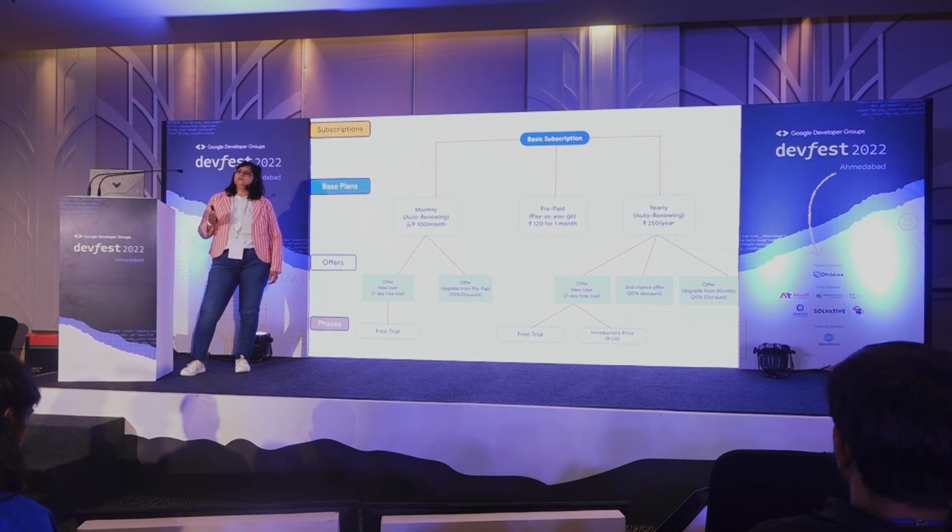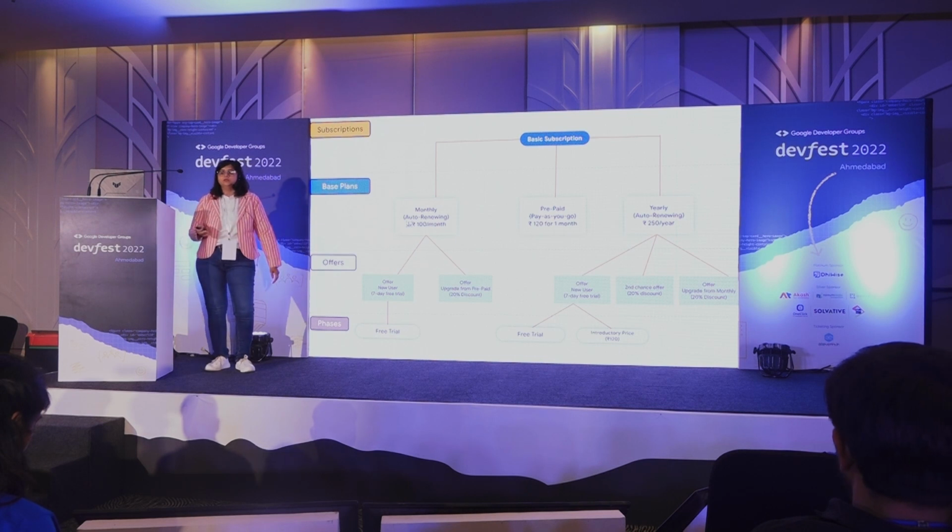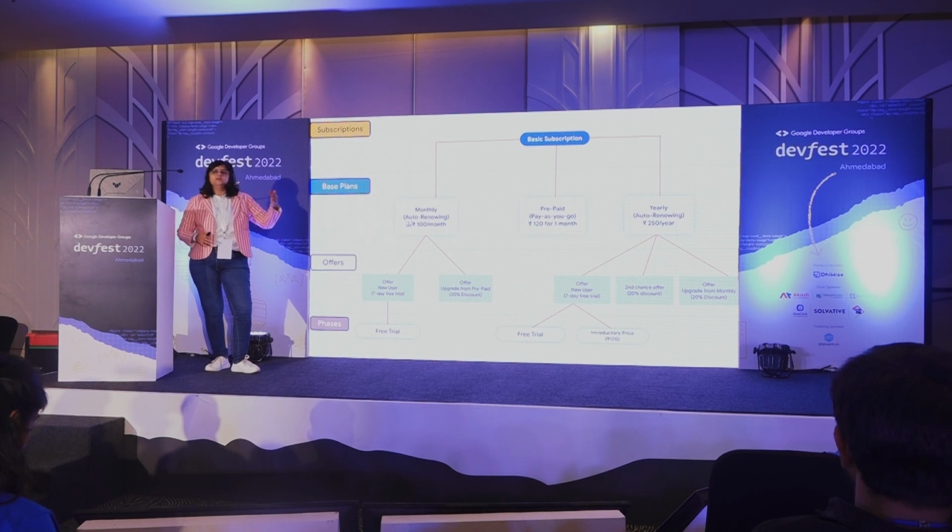Now you want to set different offers with these different base plans. So how do you do that? Earlier, if we look at version 4.0, it was different SKUs for all these different things.